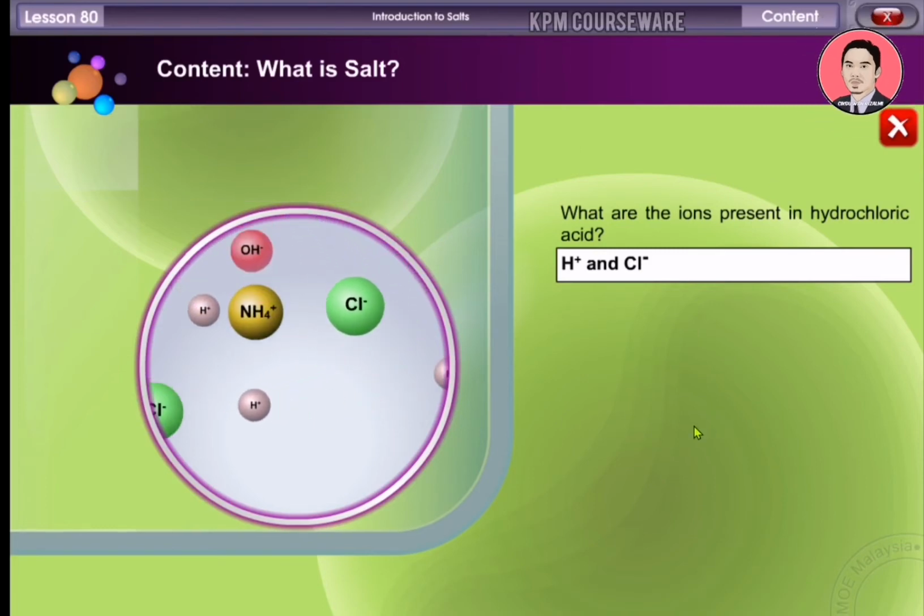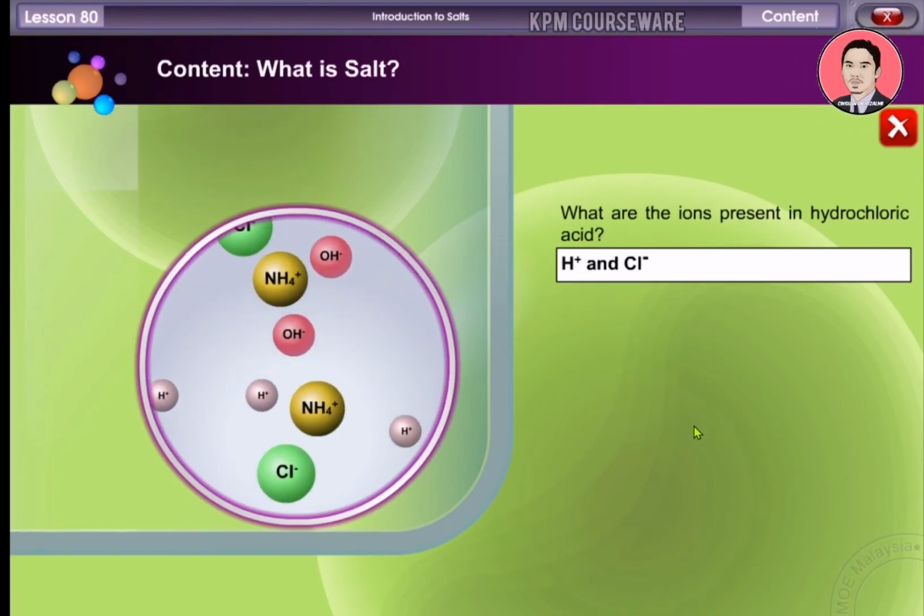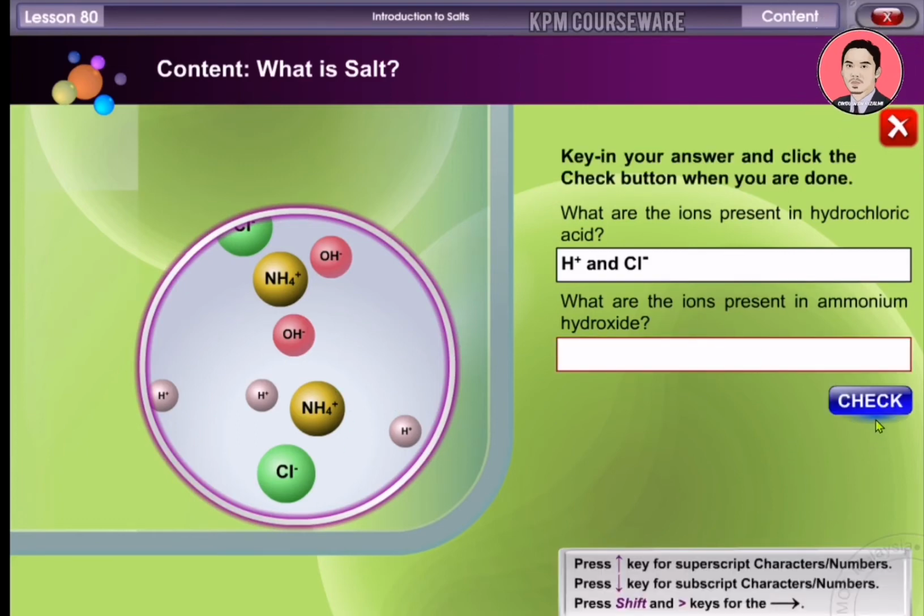Now, ammonium hydroxide is added to hydrochloric acid. What are the ions present in ammonium hydroxide? Key in your answer and click on the check button when you are done.